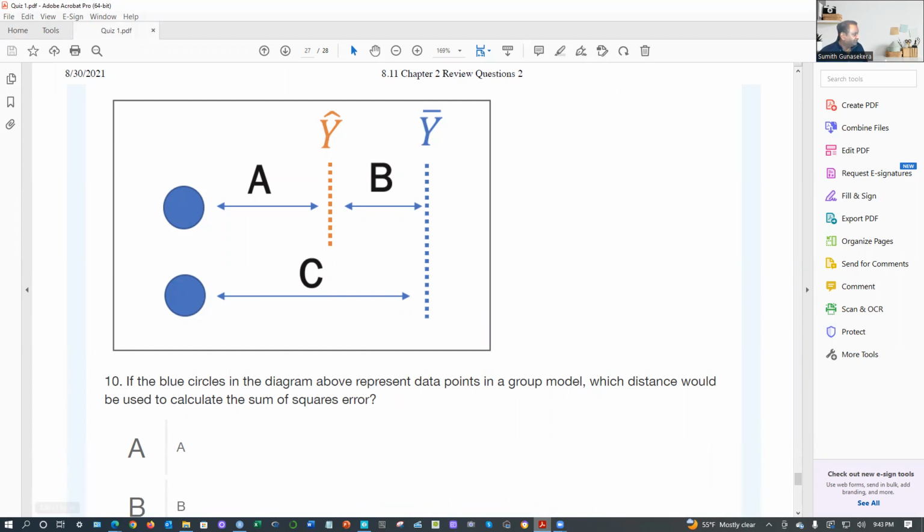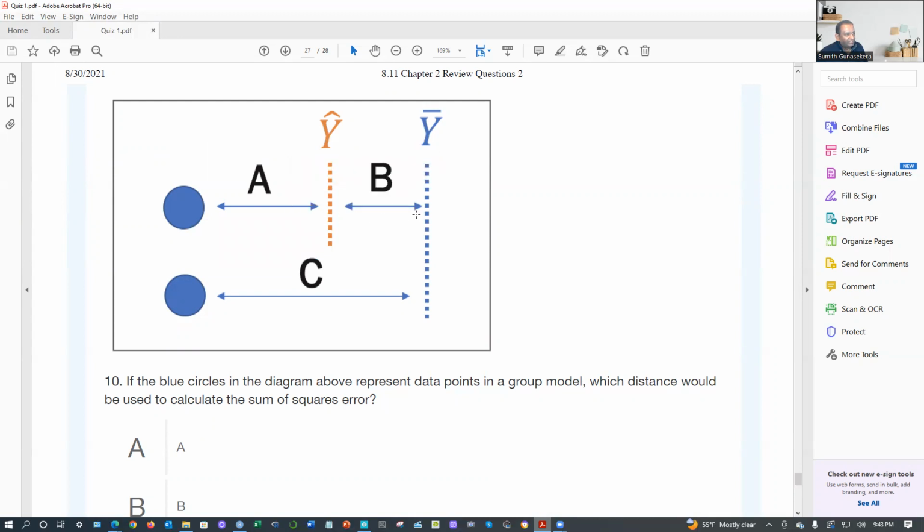It's y minus y hat. Sum of squares regression is calculated by y hat minus y bar.